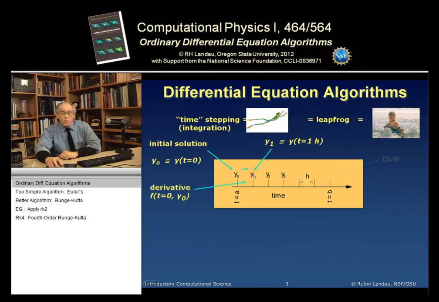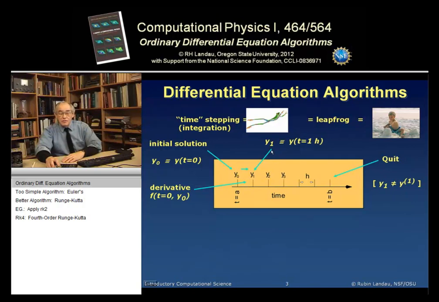How do we do that? Well, we do that by knowing the derivative function f. So if you recall our standard form, it always had a right-hand side with a function f. That's all the information we need. So we take the derivative function as known initially, and we use that to extrapolate the solution forward one time. Once we have that, we have the solution at step 1.